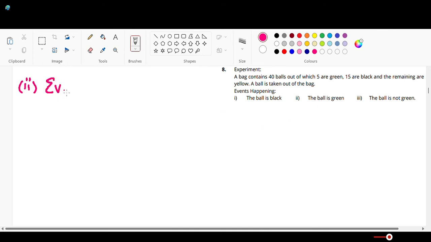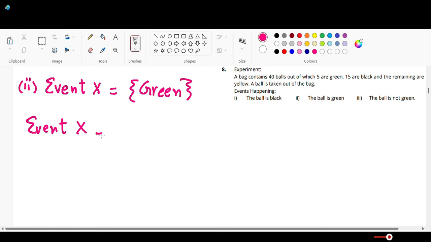Event, we'll call it event X, will be equal to the ball is green, so I'm going to name it green. So event X is equal to G1, G2, G3, G4, G5, because that is the number of green balls. You can see over here it says out of which 5 are green.